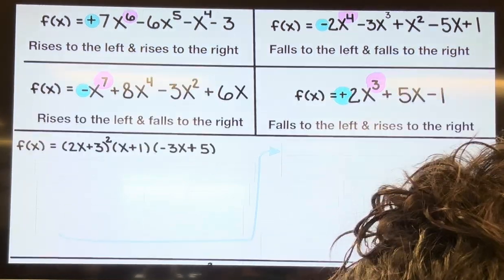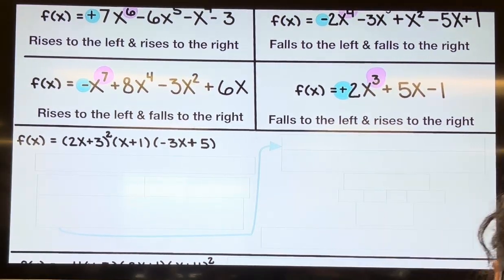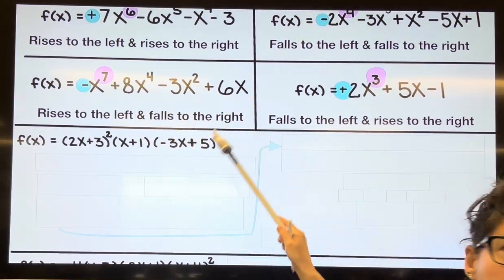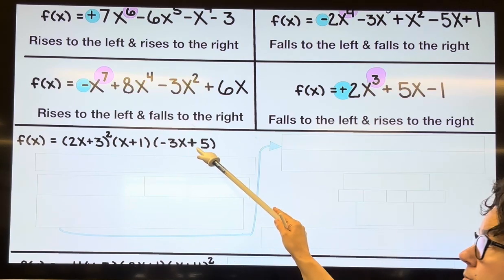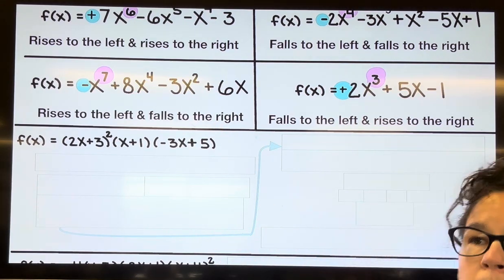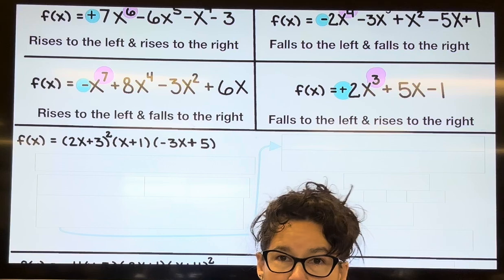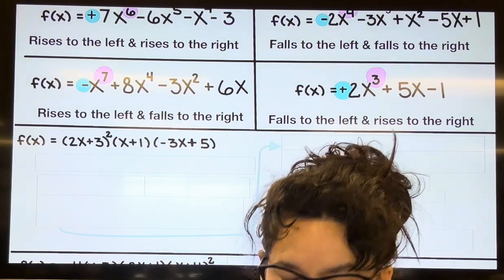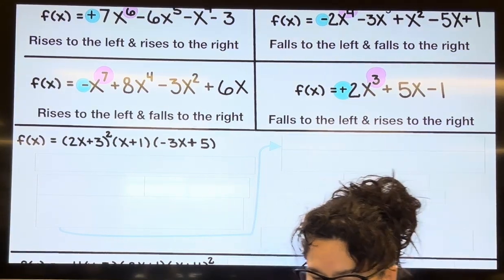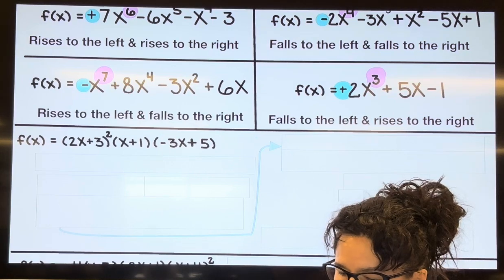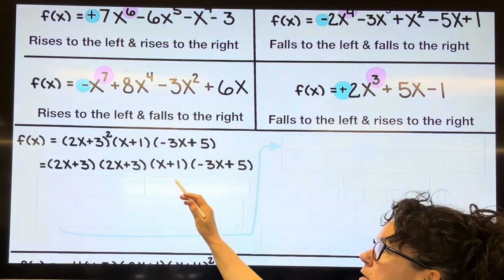Okay, then sometimes the equation in front of you is not multiplied out. Here's an example. I could multiply this whole thing together, but I'm going to show you a shortcut. Just to show you in general what you'd be doing, if I were to multiply this, I would expand it.